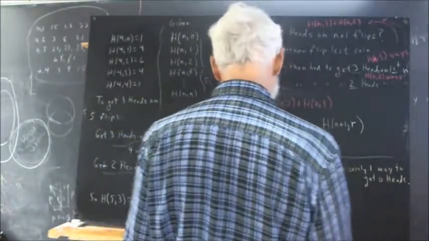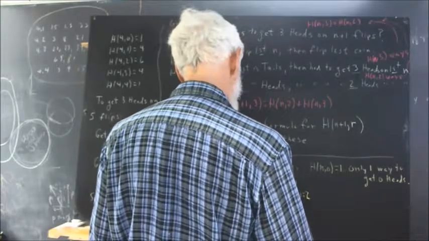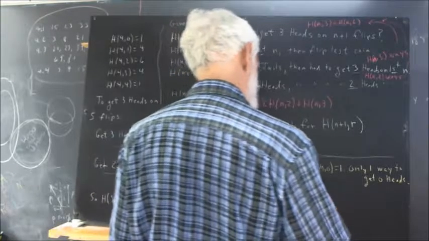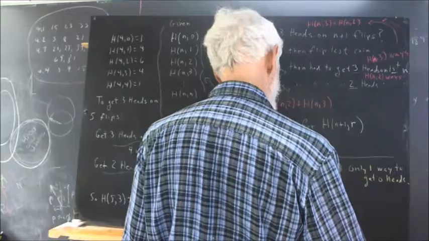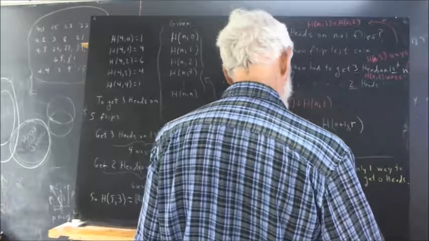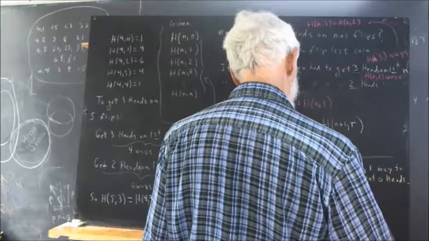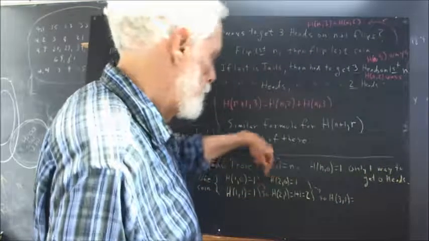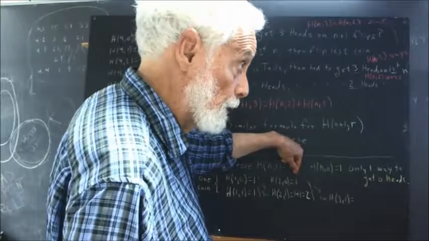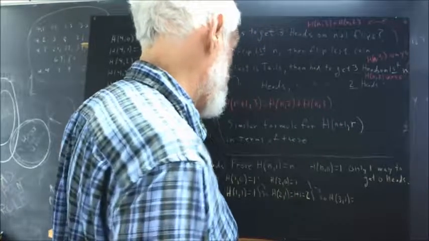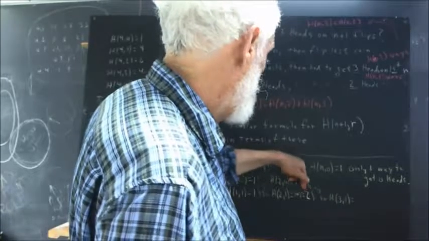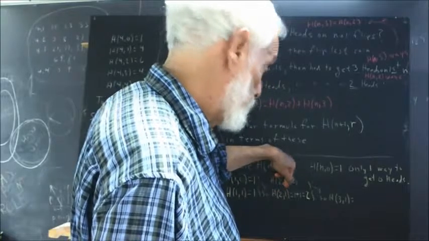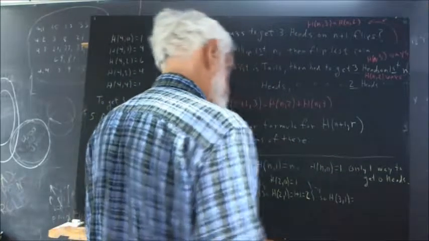Well, putting these together, we can say that h of 3,1 has to equal the 1 way we can get no heads in the first 2, match that up with a head on the third flip, and the 2 ways there are to get 1 head on the first 2, match that up with a tail on the third flip.